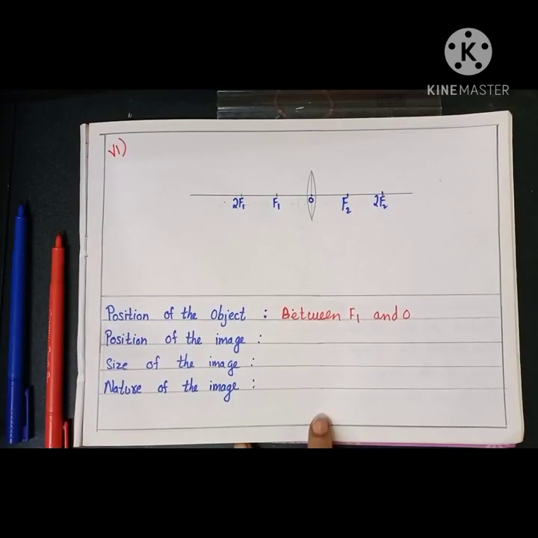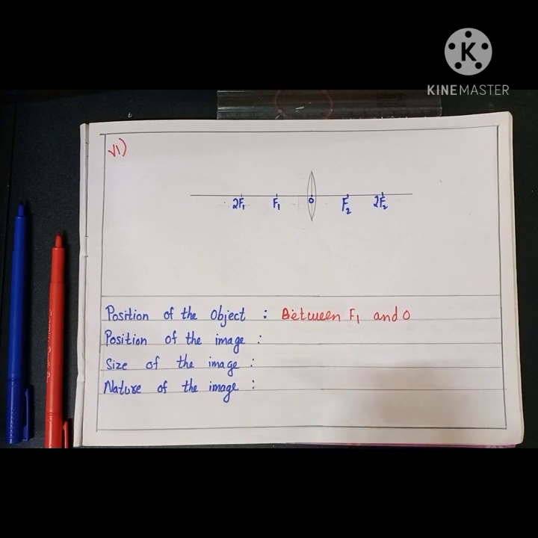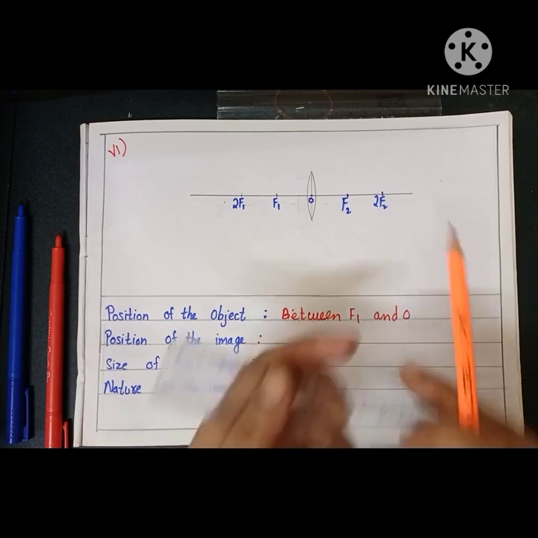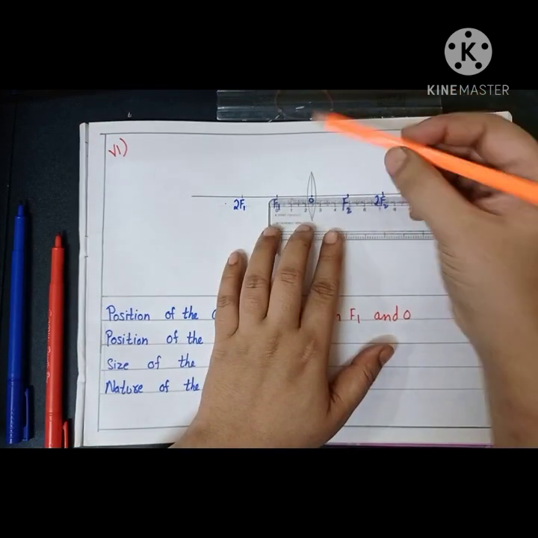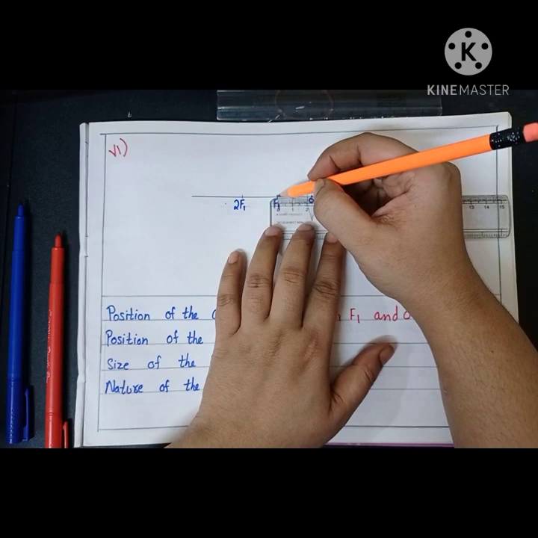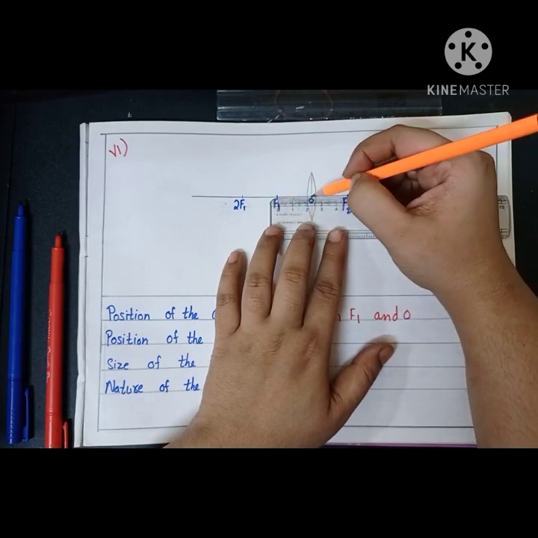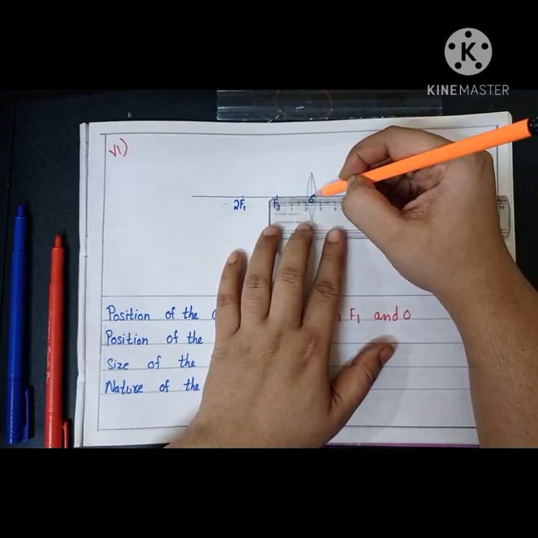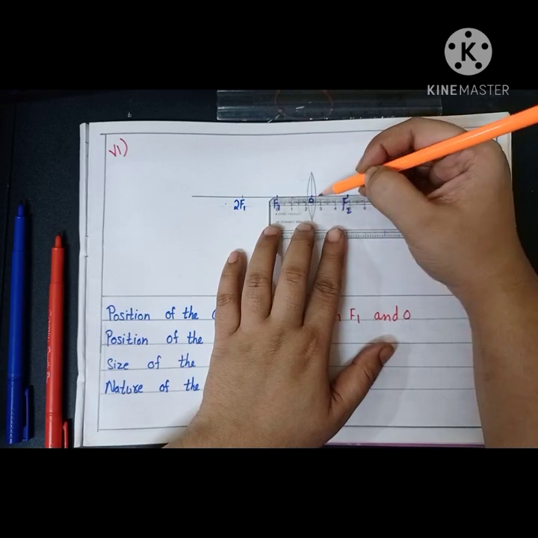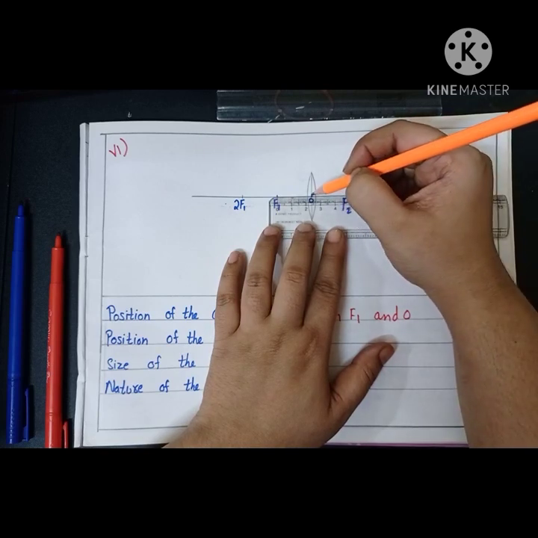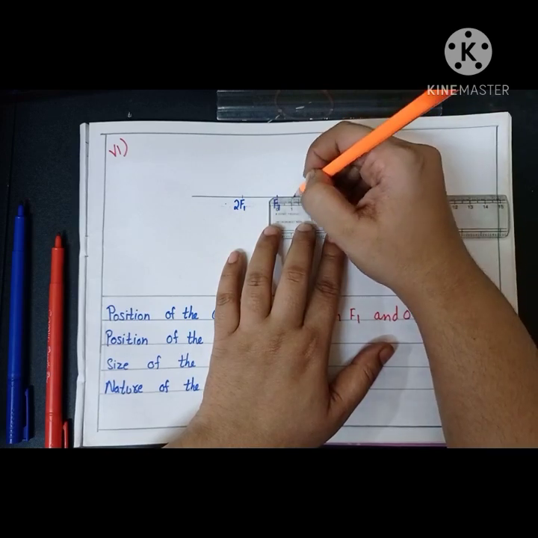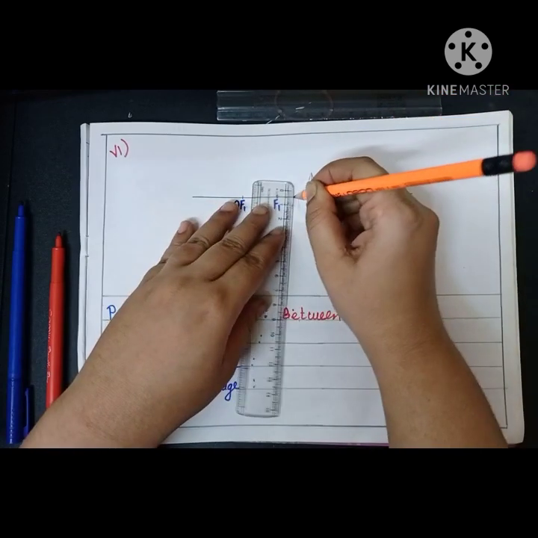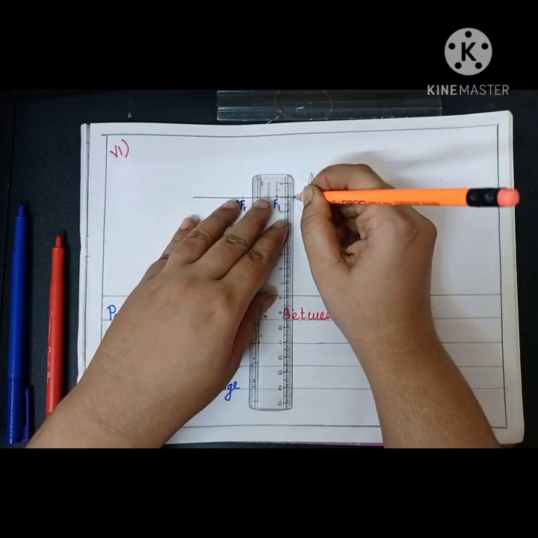So student, let us draw the next ray diagram when an object is kept between f1 and optical center. Take exact center of f1 and O. So when you will measure, it is 2.4 centimeter. So I am taking here as 1.2 exact center of f1 and optical center.